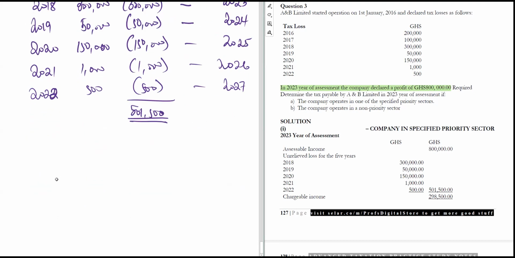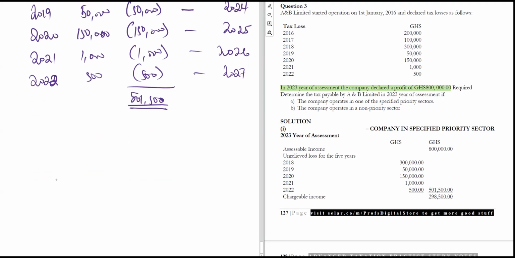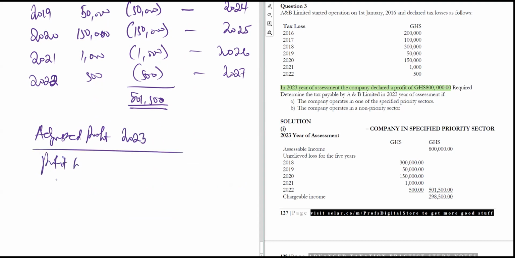So straightforward. If we want to get our adjusted profit in 2023, we've already worked for that. What's our profit before tax? It was 800,000. Then we less allowable deduction.